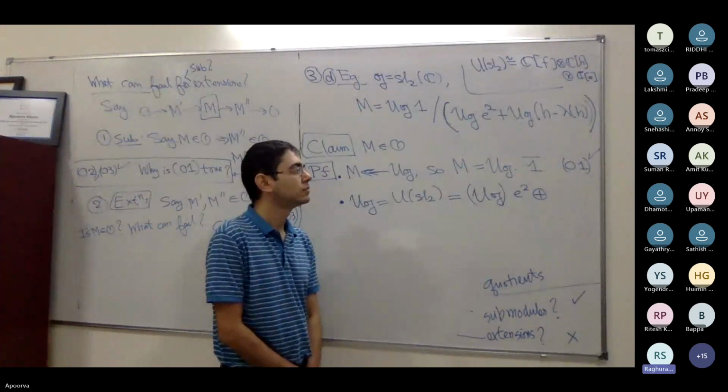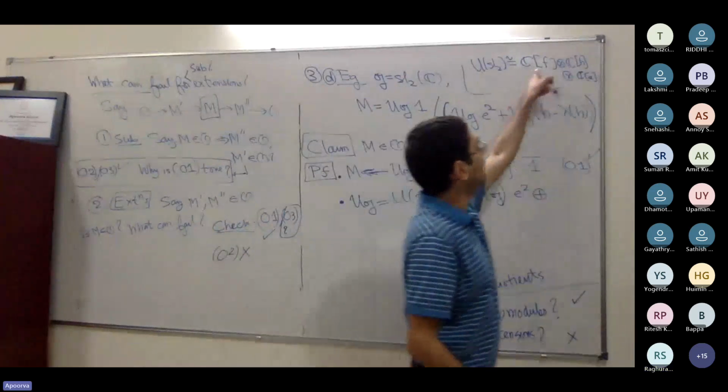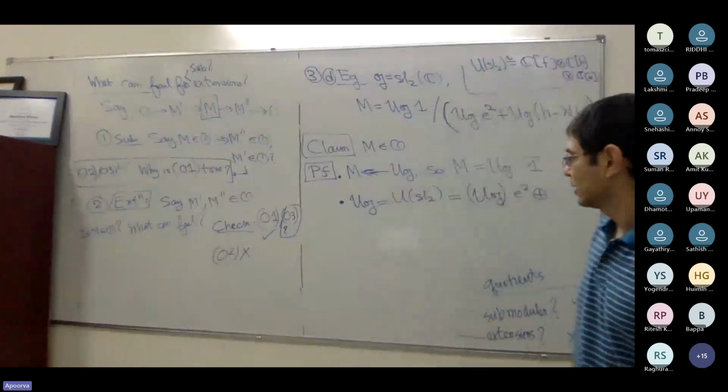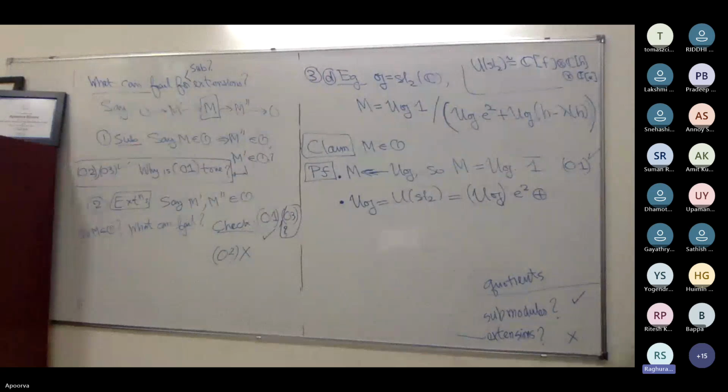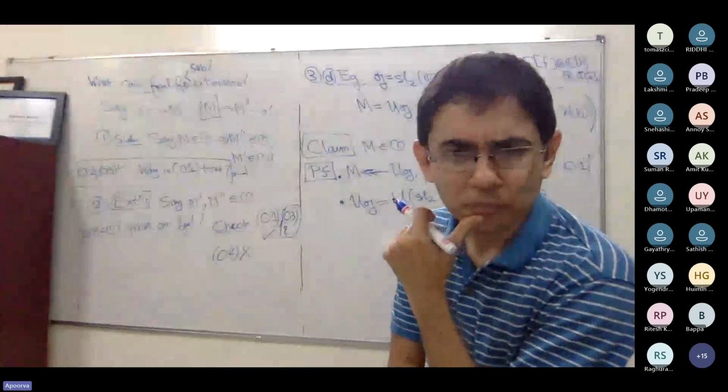If you pick an ordering where the E comes last, F, H, then what remains is 1E and no E's. One E and no E's.